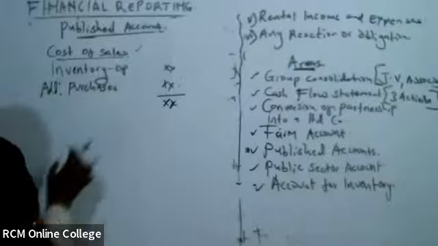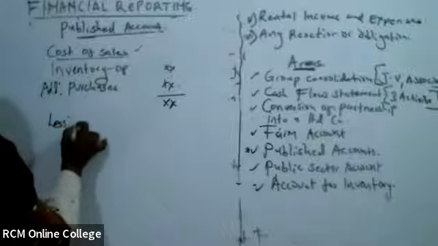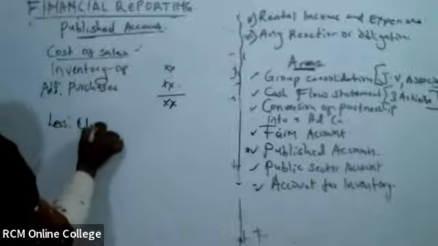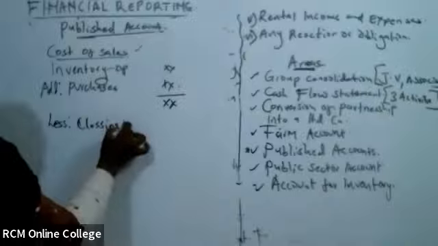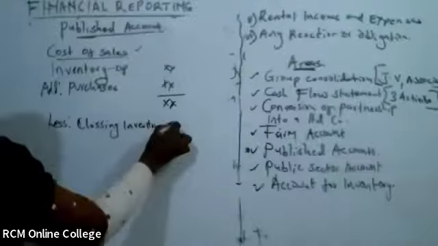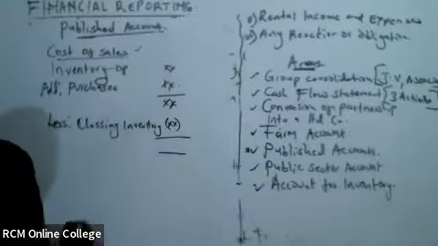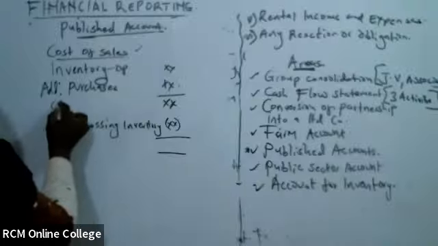now if I add purchases, then I get the closing inventory. Closing inventory, then whatever this is, covers.